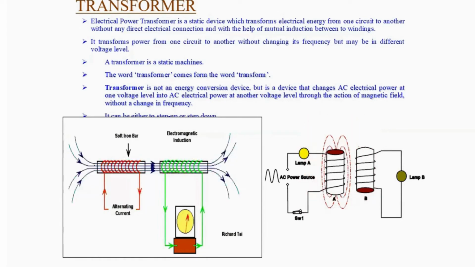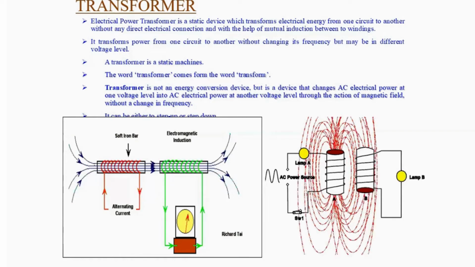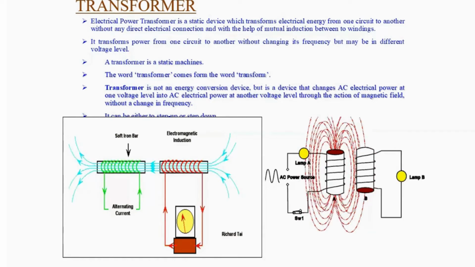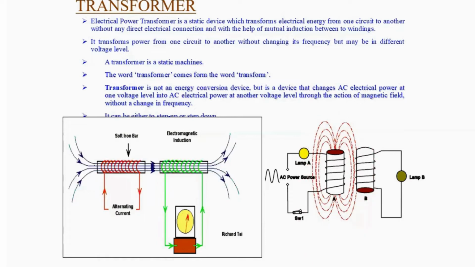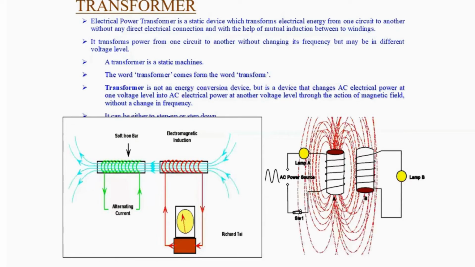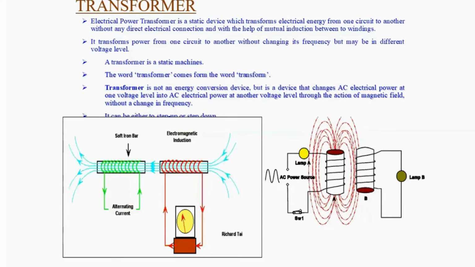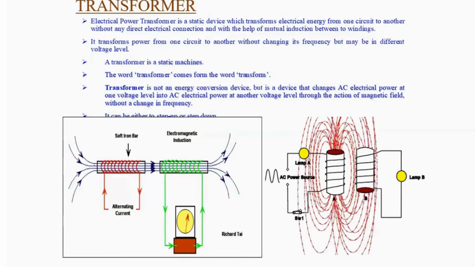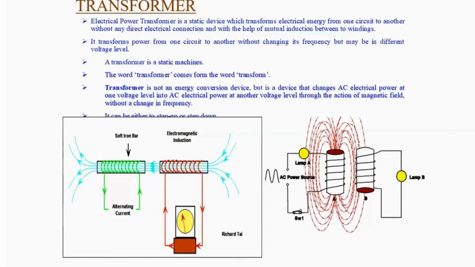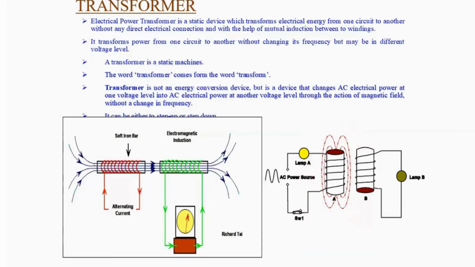So please remember, transformer is an important part. You have different types of transformers, which we will see in the coming classes. So transformer is a very important part which will transfer energy from one coil to another coil with the help of mutual induction.